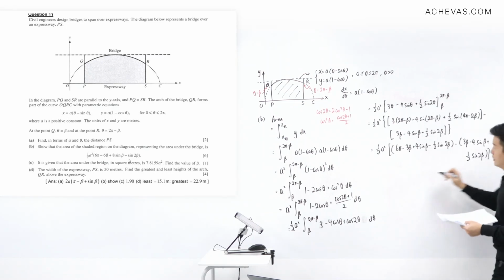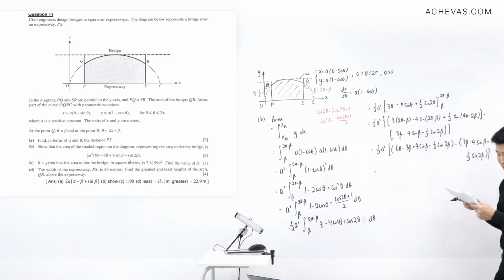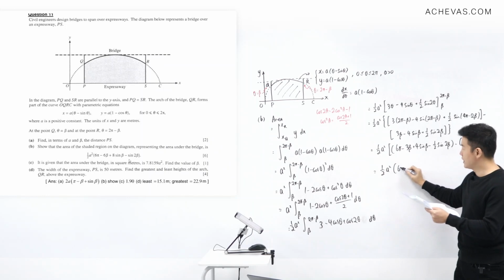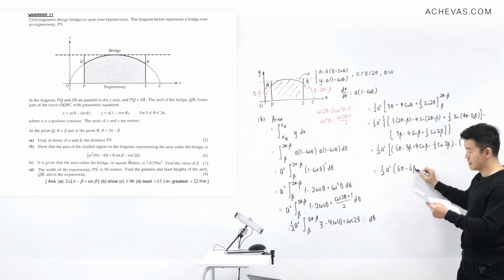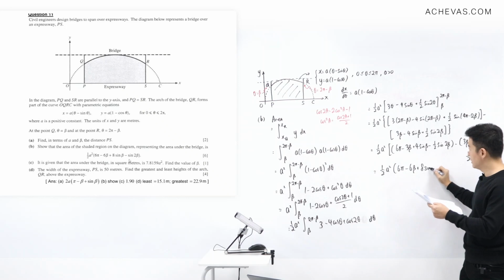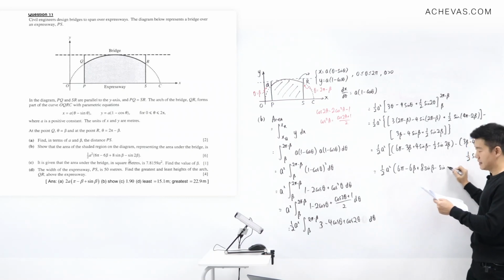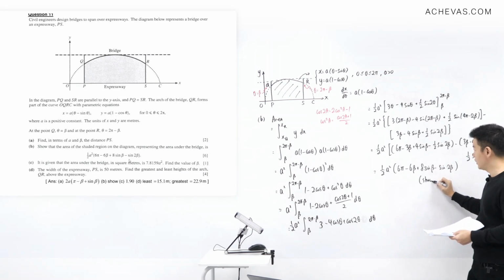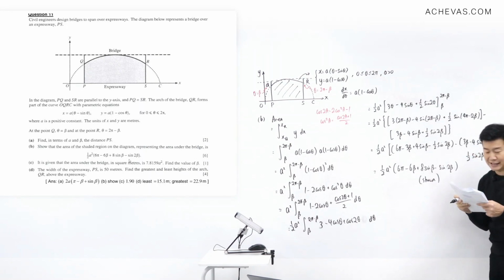And now we can combine this further. And combining this will give us our final answer. In fact, we will be getting 6 pi minus 6 beta plus 8 sine beta minus sine 2 beta. And this is what the question wants me to show. So this part here is done.